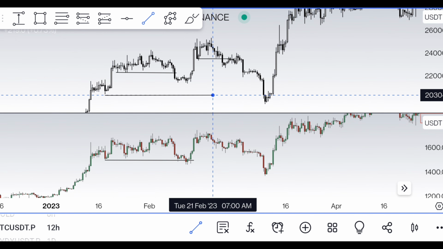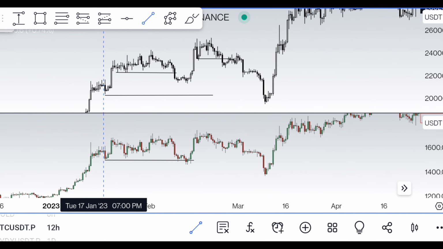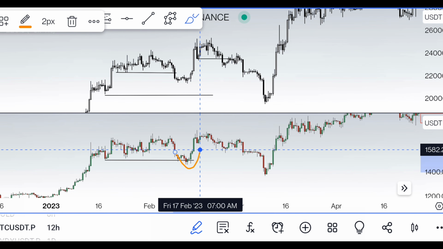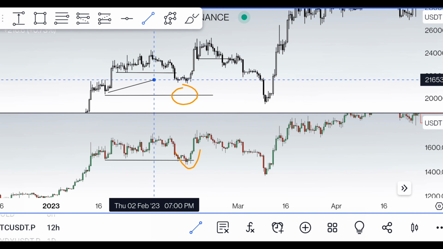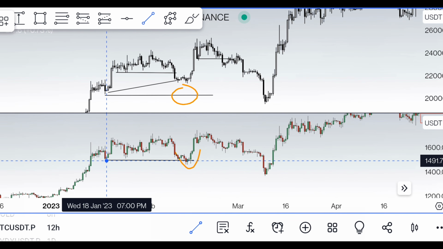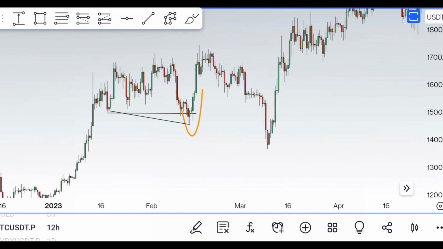If you compare Ethereum with Bitcoin, this bottom was swept by Ethereum, and this bottom isn't swept. So you get a divergence like this. This low isn't swept and this low is swept. This is called SMT divergence.